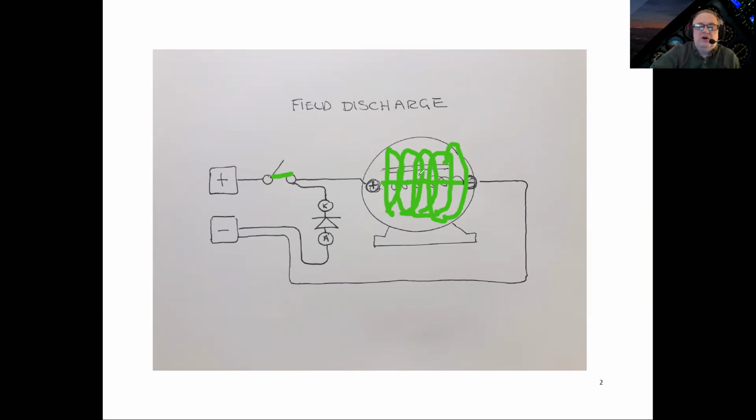As the voltage falls, the current tries to maintain. And so what we get is this large, fuzzy arc across the switch. What we want to do is minimize that arc, because it does a lot of damage to the switch contacts and things like that.